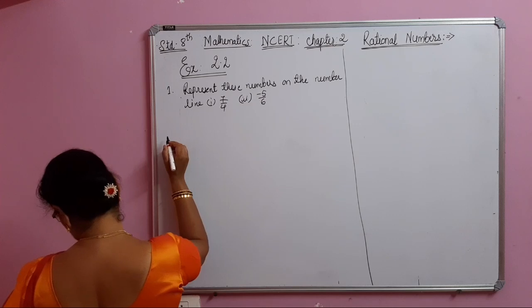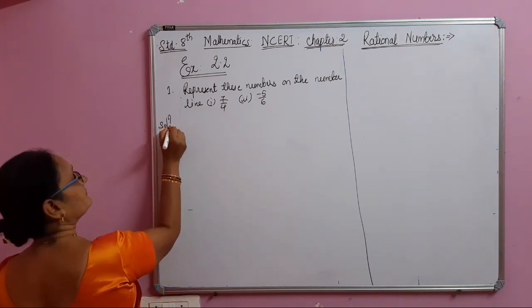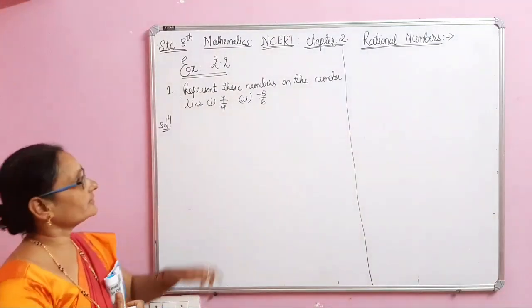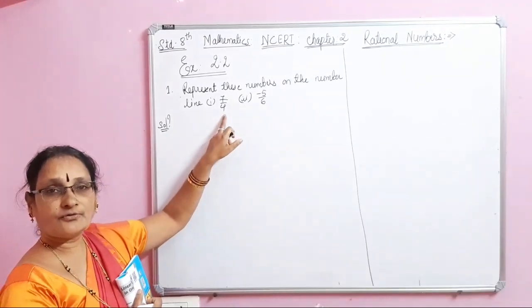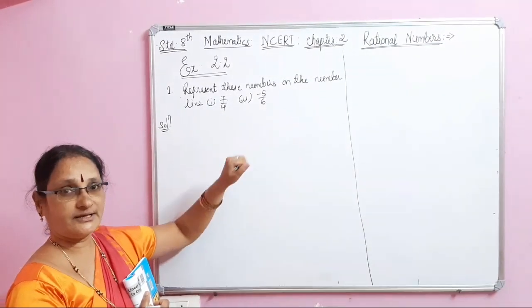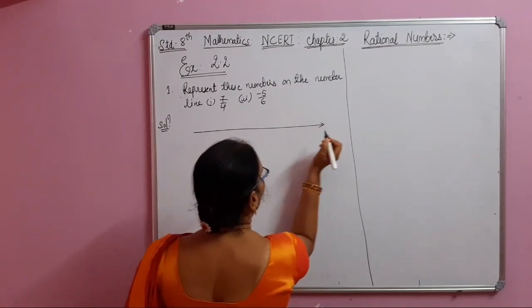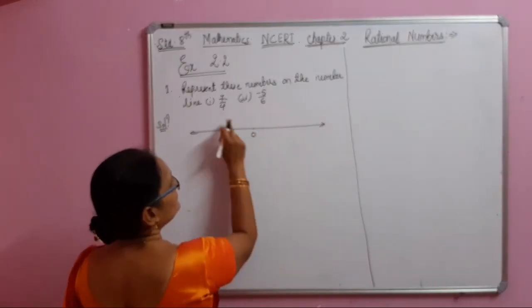Now we will see. 7 by 4. I told you here the denominator is 4. We have to make 4 equal parts in 1 unit. See now, I just represent. This is the number line, reference point.